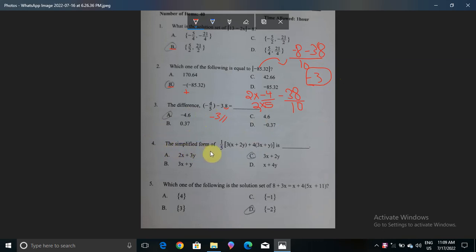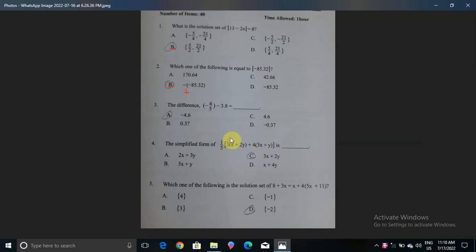The simplified form of 1 over 5 inside the bracket 3 times x plus 2y plus 4 times 3x plus y inside the bracket. Okay, here it will be a long solution. What we will do here, first of all, we have 1 over 5 3x. So first of all, we will remove the brackets inside the brackets.